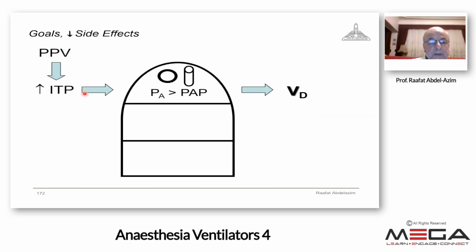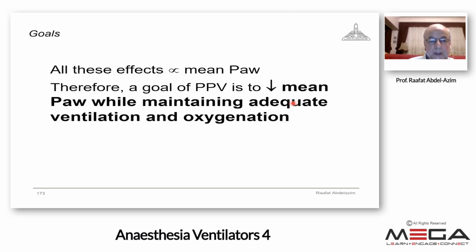When we apply positive pressure ventilation with increasing intrathoracic pressure, this one represents the alveolus and this one represents the pulmonary artery pressure. If the alveolar pressure is more than pulmonary artery pressure, this will compress the artery, so there is less perfusion with good ventilation, and it will increase or create a dead space.